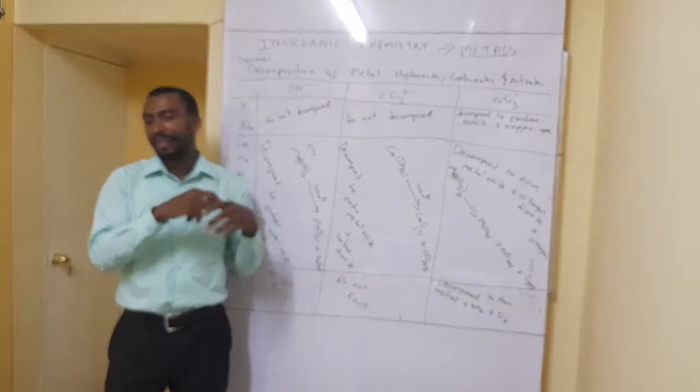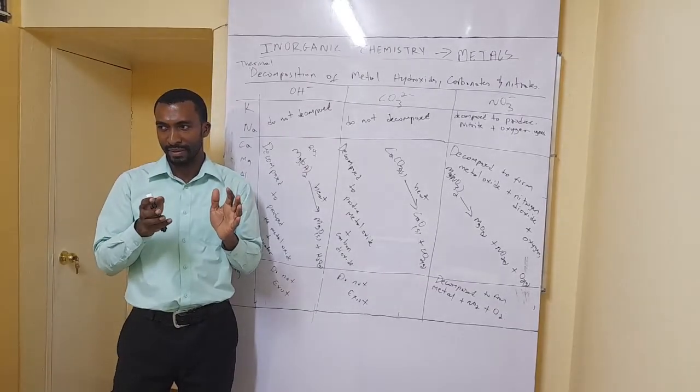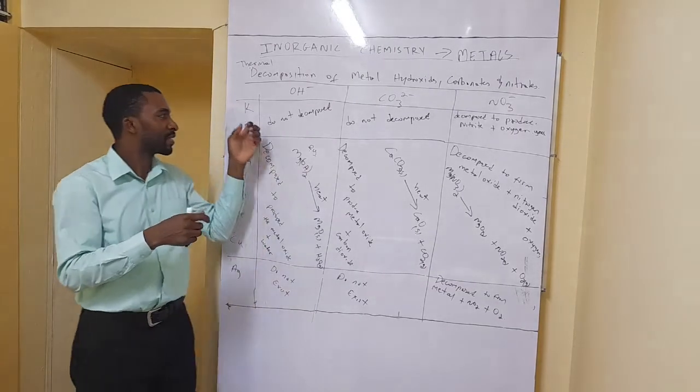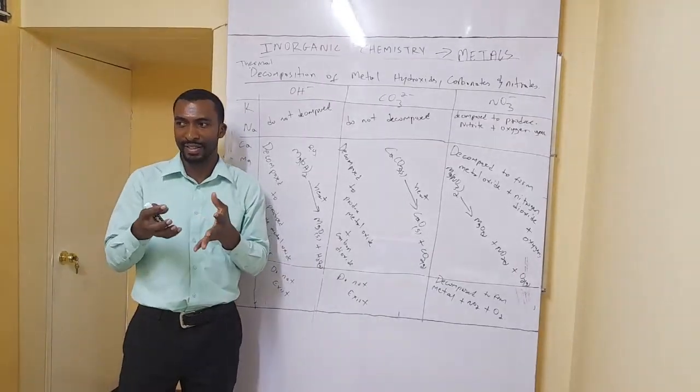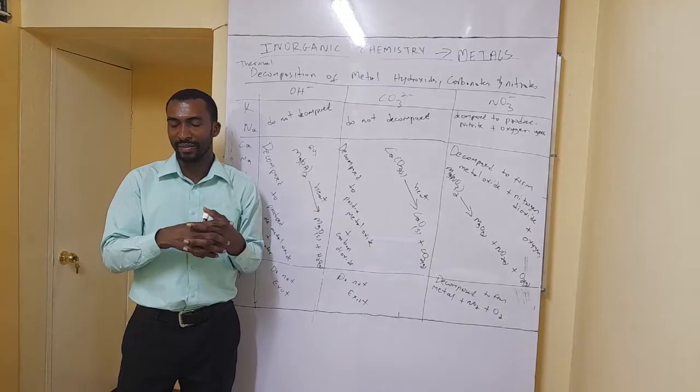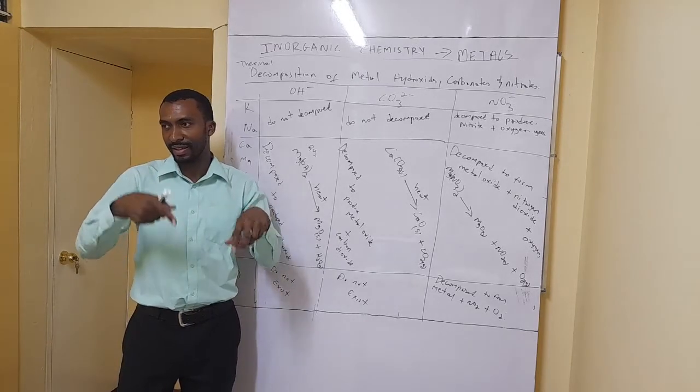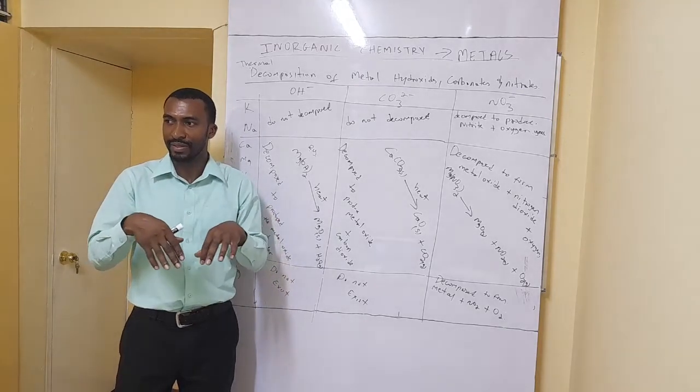That almost never happens in life. The only process in which we could actually bring back sodium and potassium to the metallic form is electrolysis, which I'm going to discuss next. Right? When you use electricity in the molten solution of those salts.